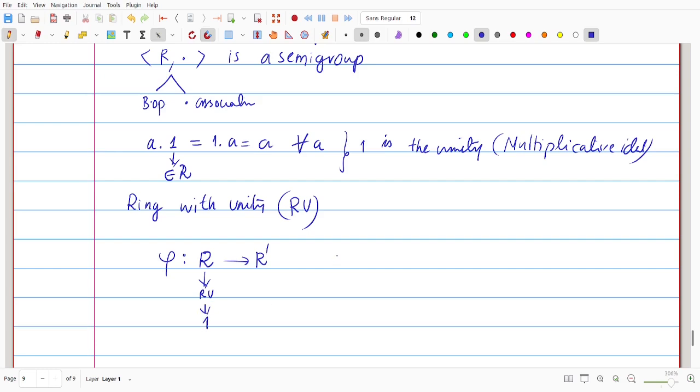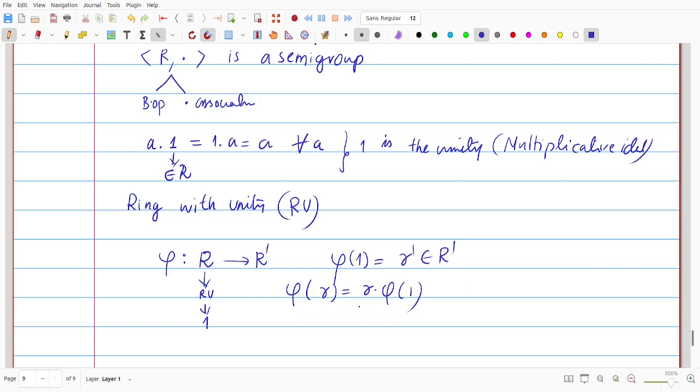Now you define phi of 1 as some element of R prime. Then using this argument, you define phi of r. Phi of r is defined as r times phi of 1.